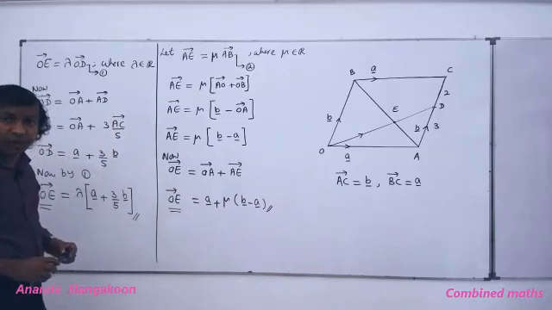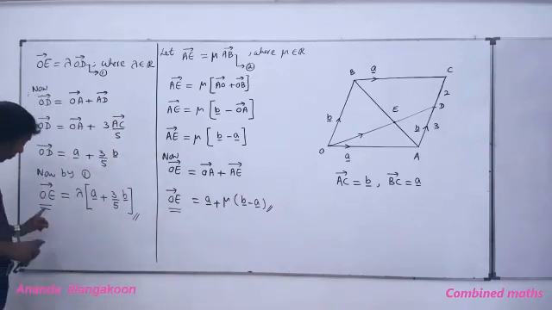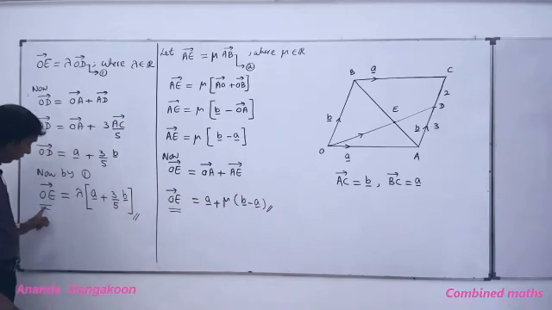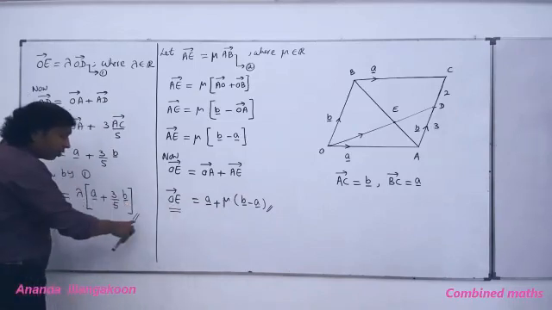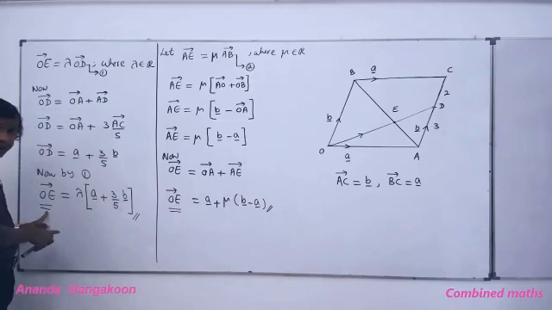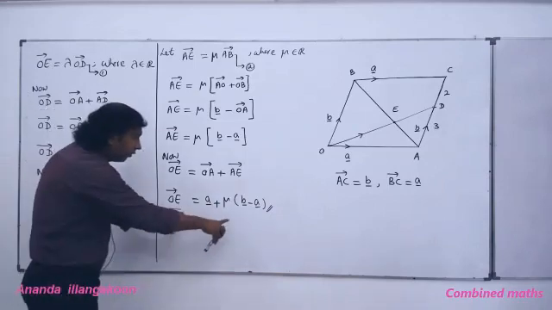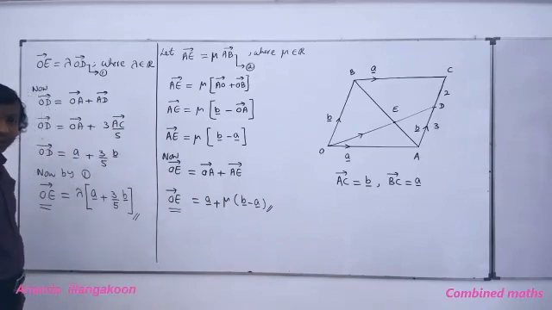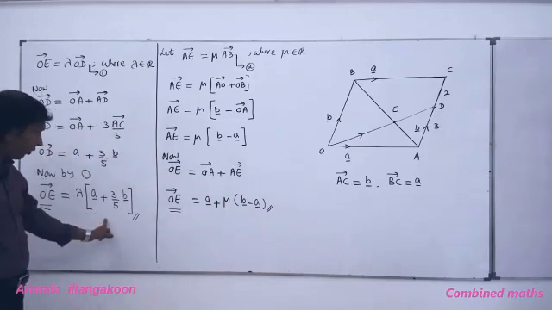The same vector we have found in two ways. The left hand sides of these two expressions are the same vector. Therefore, the right hand sides should also be equal. Understand? So we can equate the right hand sides.